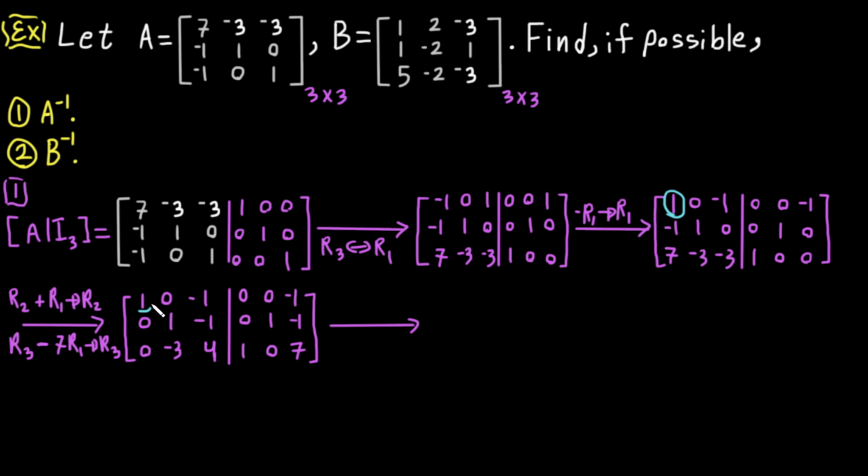So now here we have a leading one, and here we have a leading one. Now we have to make this one 0.